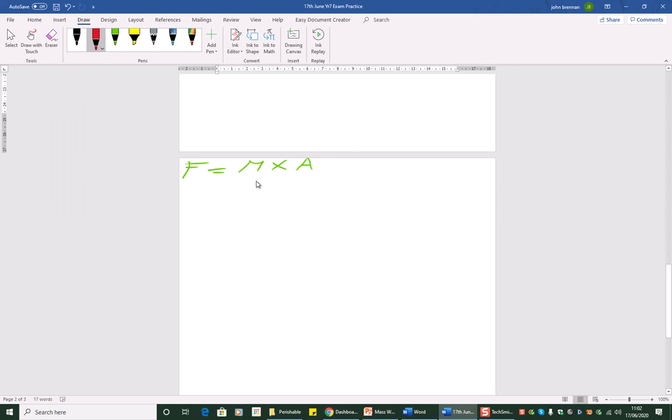We're going to move it from there down to there so that it sits underneath the F. So now what we've got is F over M equals A. And let's rearrange that one a bit. We get A equals F divided by M. Okay, so that's the gravity, that's the force, that's how much something weighs, and that's the mass.